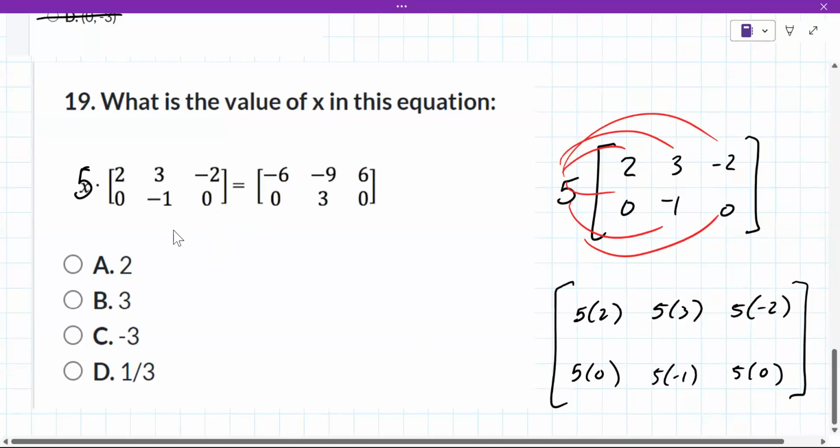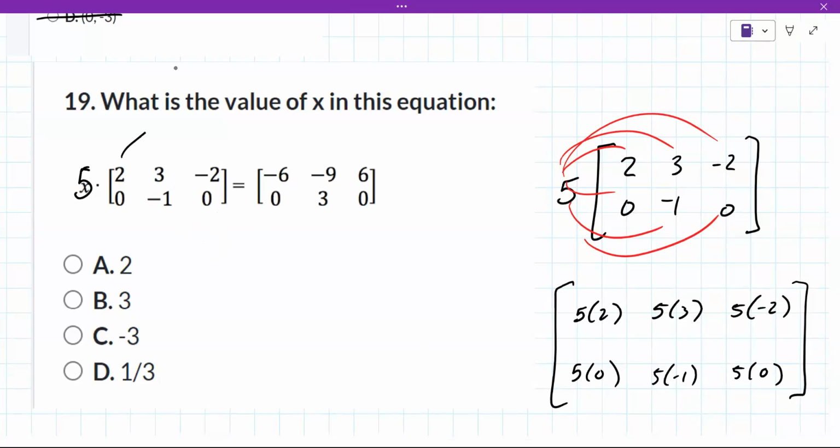It's like a working backwards problem. You're multiplying them by -3. So 2 times -3 is -6. Does that work for the next one? Does that work for this 3? Yeah, it works for all of them. There you go. There's your answer.